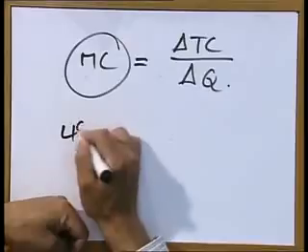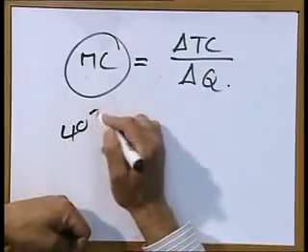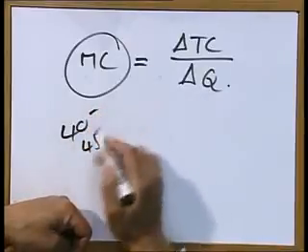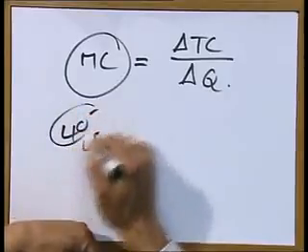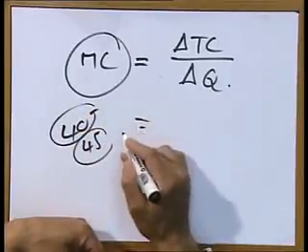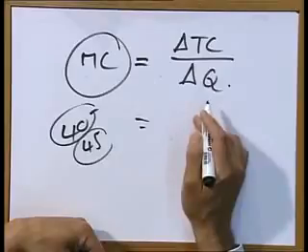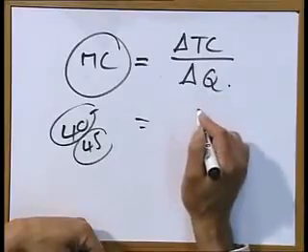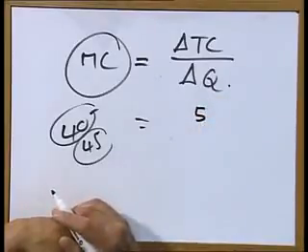We can look at a simple example: if TC increases from 40 to 45. What will be the change in TC? From 40 to 45, the change in TC will be 5, right? Okay, so that is the change in TC.